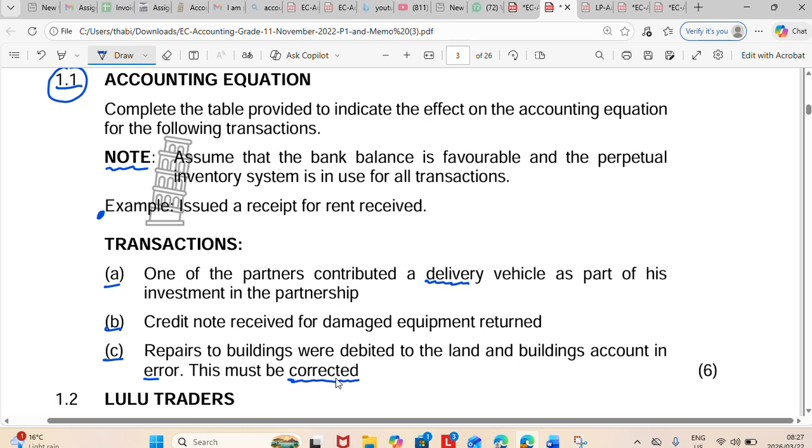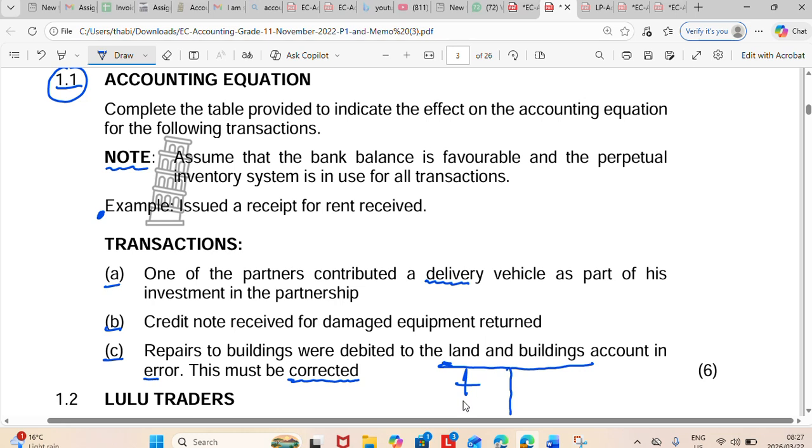Whoever was doing repairs was repairing the building, but instead of recognizing an expense, we increased our land and buildings. Let me even write a T here. Land and buildings were increased. But no, this is an expense. We're not buying more land here.